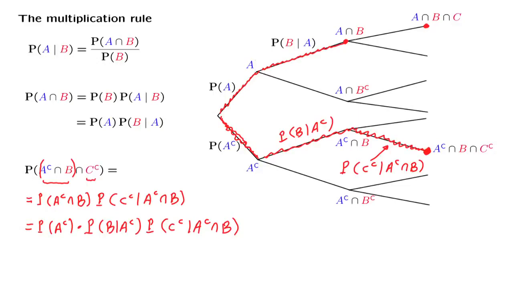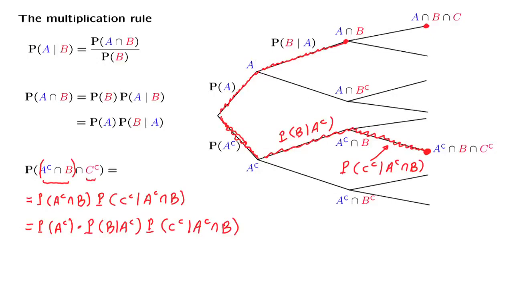At this point, you can use your imagination to see that such a formula should also be valid for the case of more than 3 events. The probability that a bunch of events all occur should be the probability of the first event times a number of factors, each corresponding to a branch in a tree of this kind.